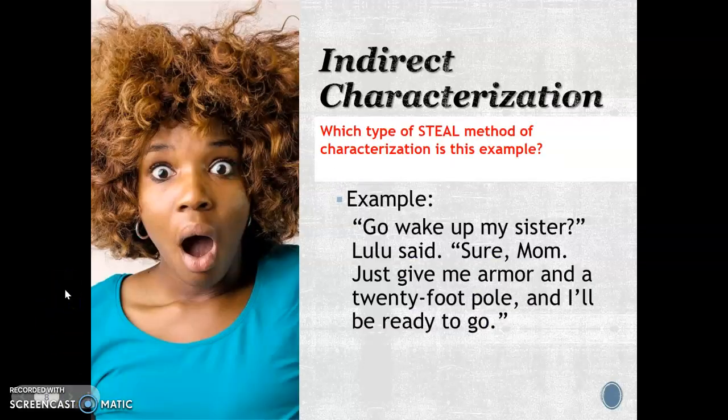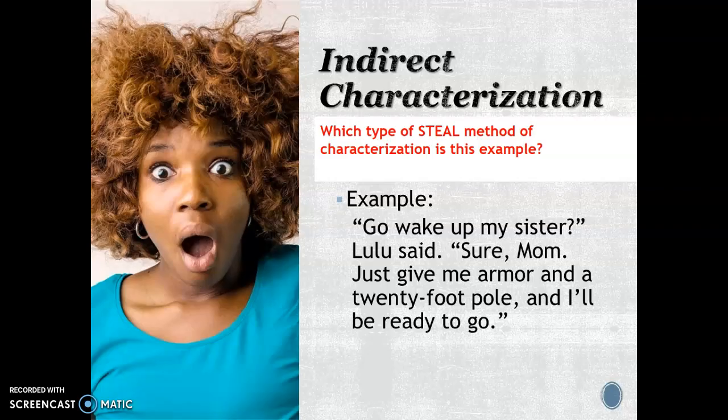So let's look at this example. What type of indirect characterization, according to the STEAL method, is being used in this example? Is it speech, thoughts, effect on others, action, or looks? If you guessed that it was effect on others, you guessed correctly.